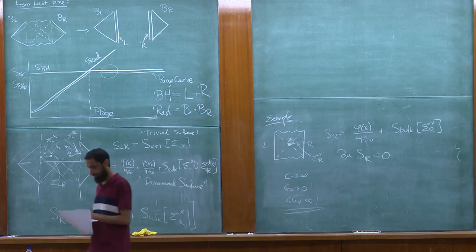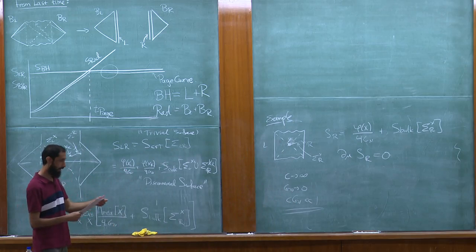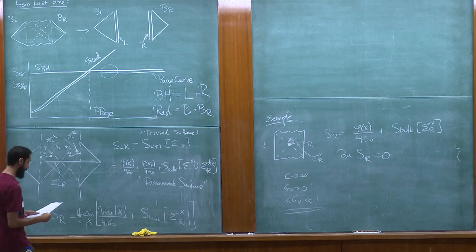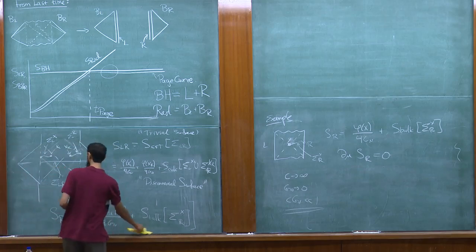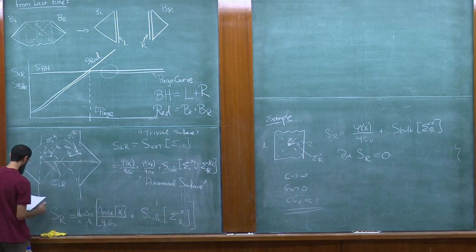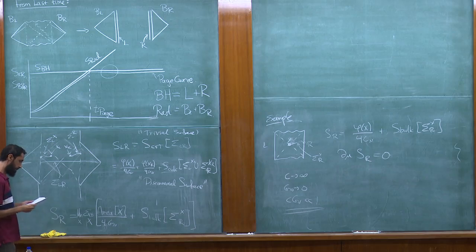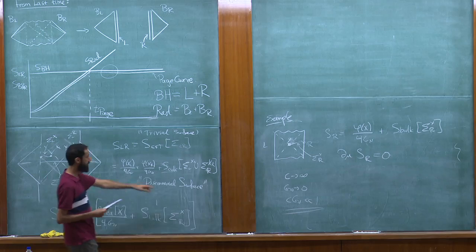Very good. I will not do the calculation for this case, but I'll tell you what the result looks like. The reason why I won't do the calculation is because it's not universal.